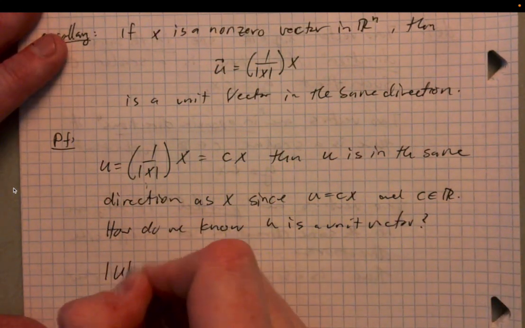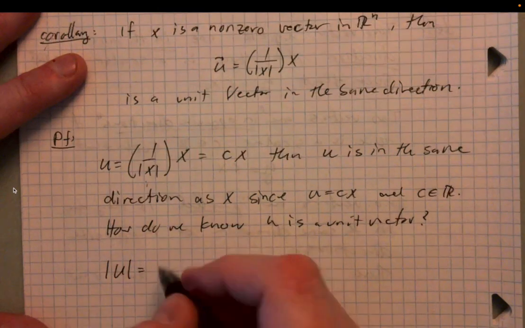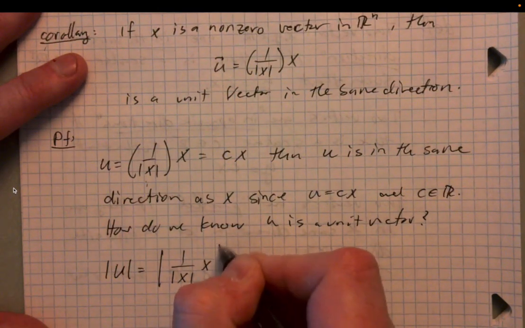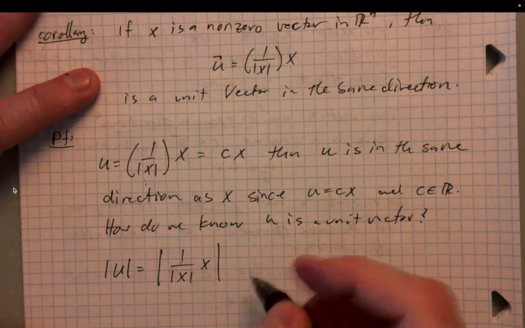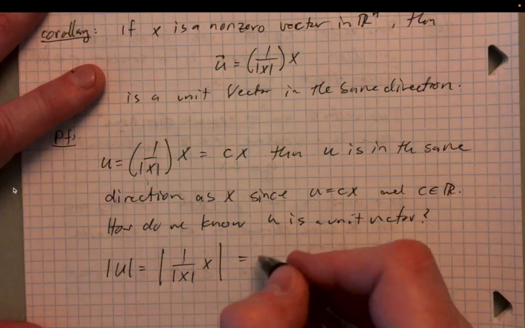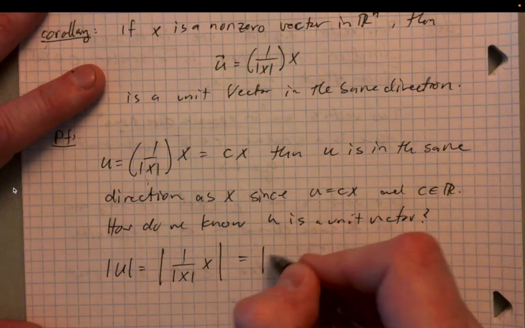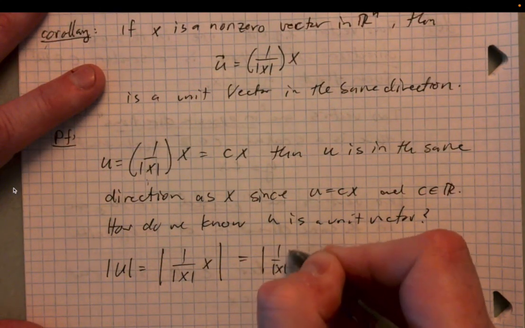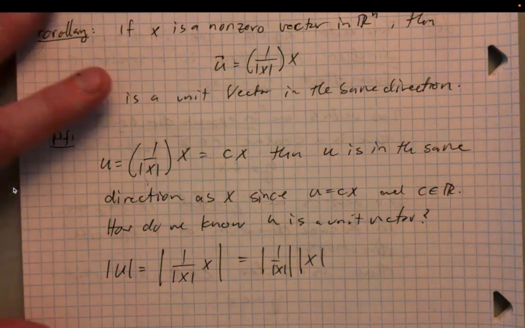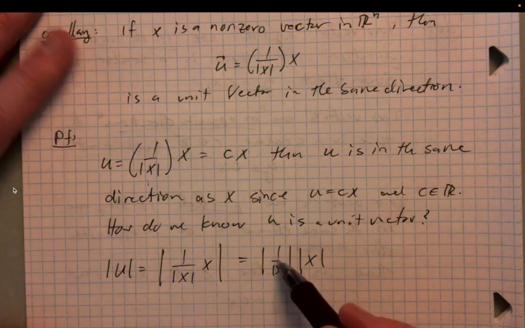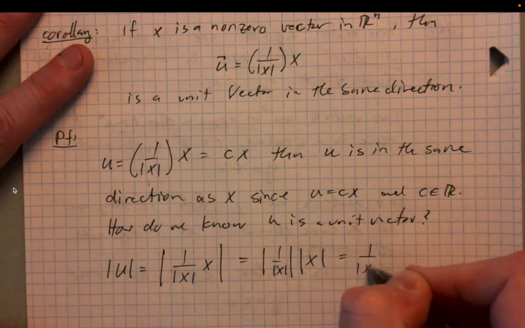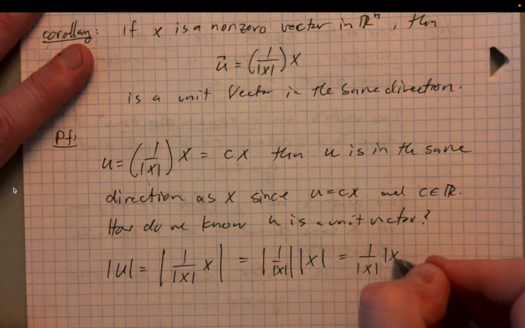So if you take the norm of u, then that's equal to the norm of 1 over the norm of x times x. This is just a scalar, so that can come outside, as the absolute value. The absolute value of 1 over the norm, they're both positive, so this is 1 over the norm of x times the norm of x.